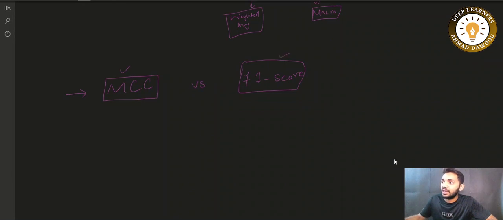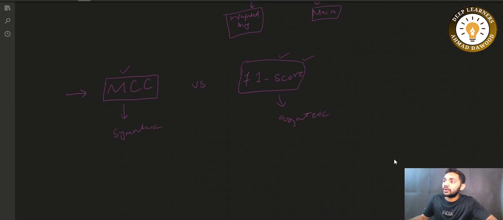But F1 works well only if the majority samples are labeled as 0 and minority samples are labeled as 1, because it is asymmetric in case of binary, while MCC was symmetric. And both work well when you have an imbalanced dataset and all classes are equally important.